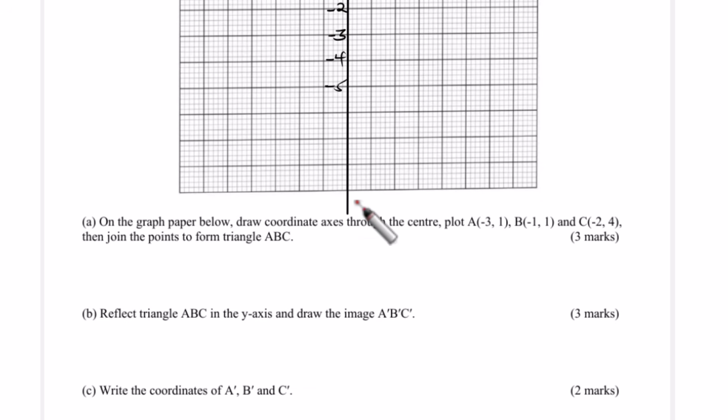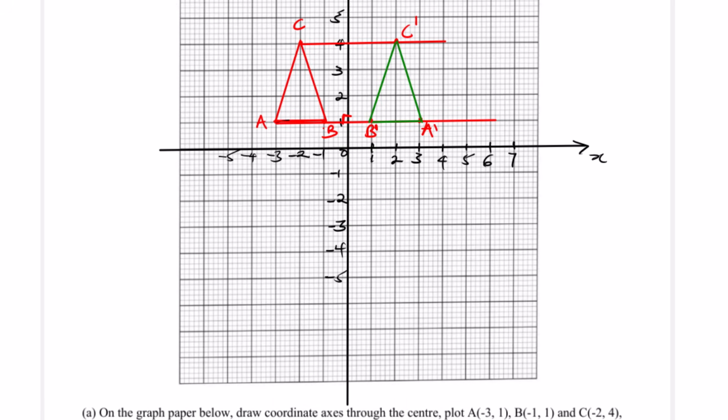Then the last question, write the coordinates of A prime, B prime, C prime. So the coordinates of A prime is 3, 1. Then B prime is 1, 1.